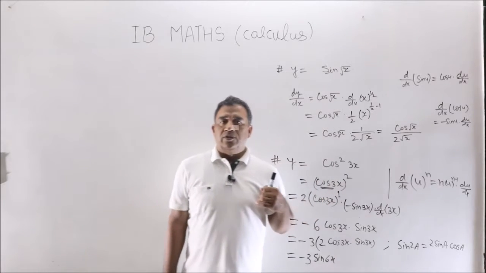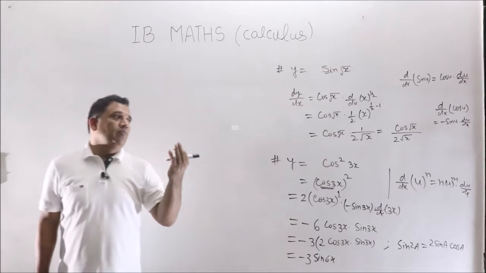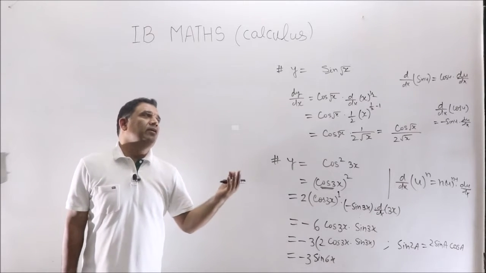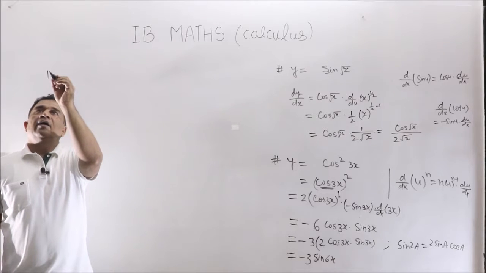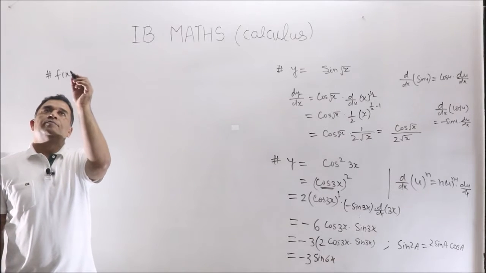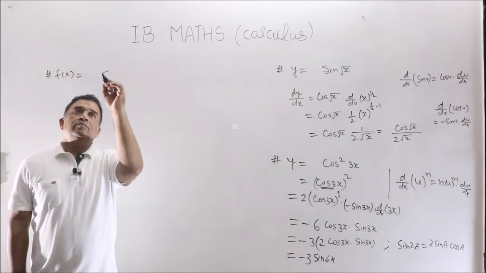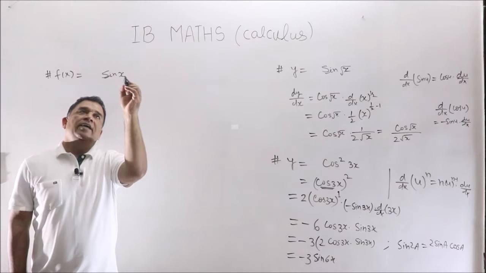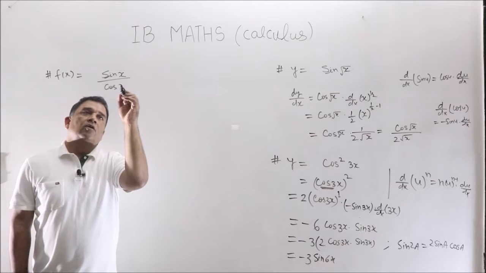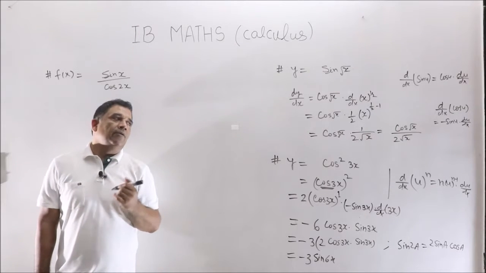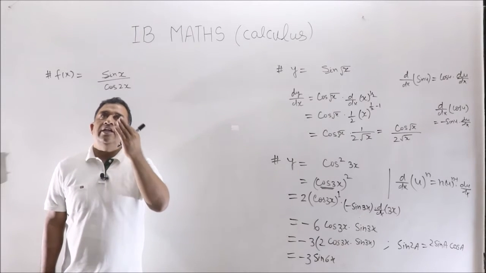We can do some more questions in other formats, like the product rule, quotient rule, or anything based on that. Suppose we have a question like f of x equals sine x over cos 2x. How do we go about finding the derivative of this one?